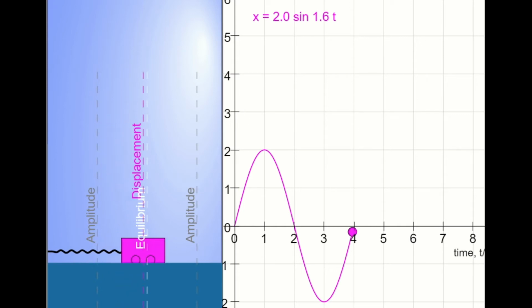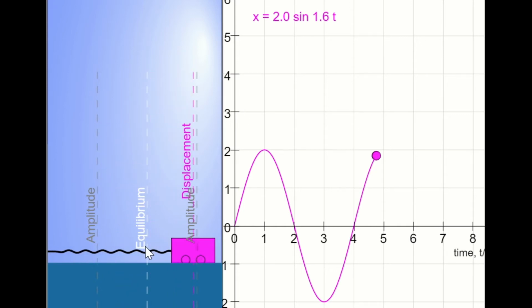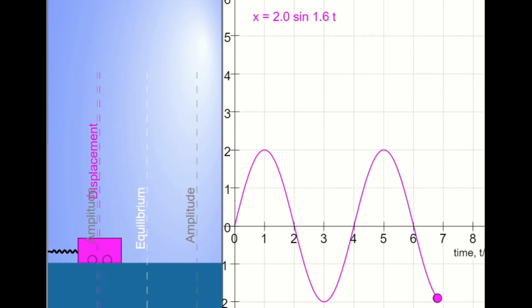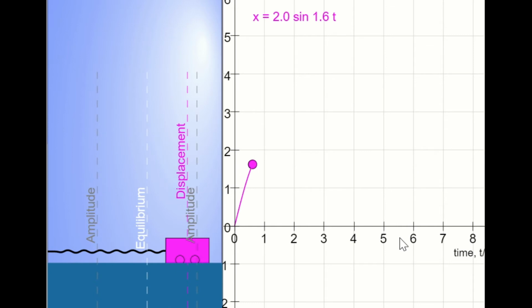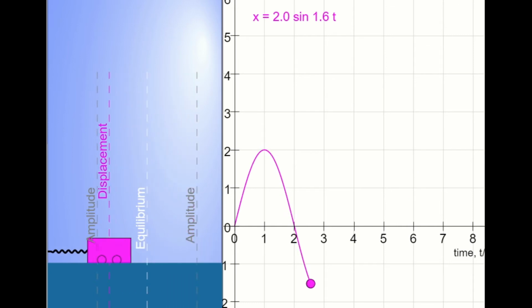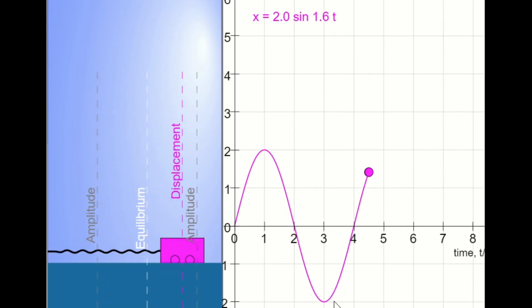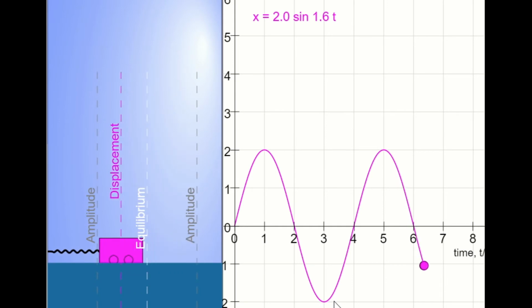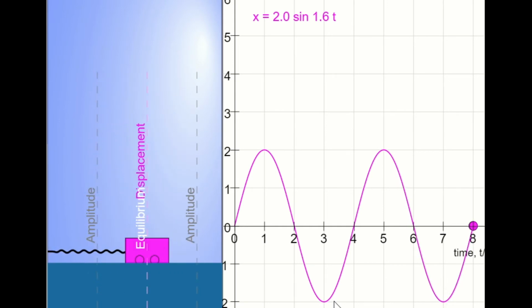Again, the car is moving to the right from the equilibrium position, so the displacement is positive. If it is moving to the left from the equilibrium position, the graph of displacement is on the negative side. So your value of y is going to be positive and negative. You have two possibilities.